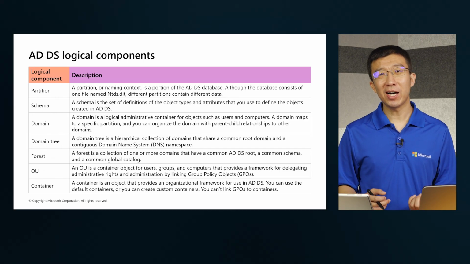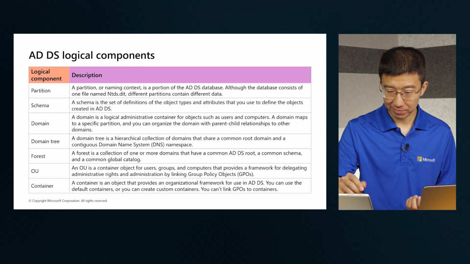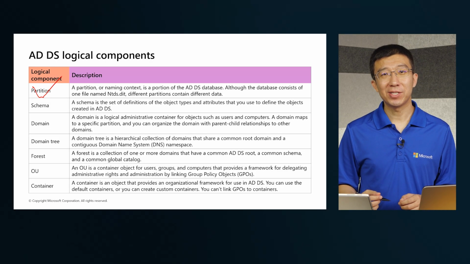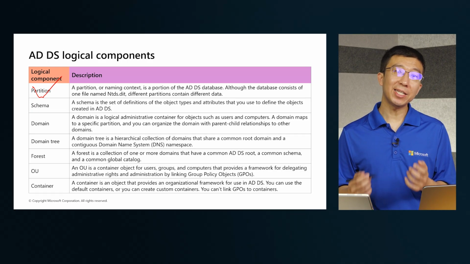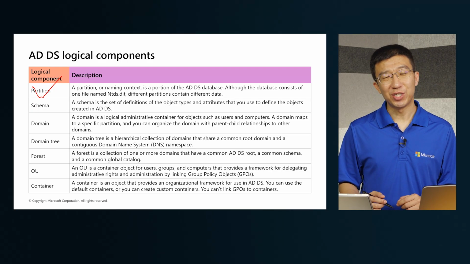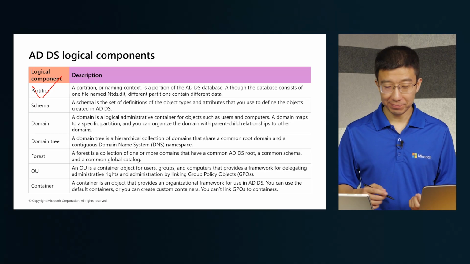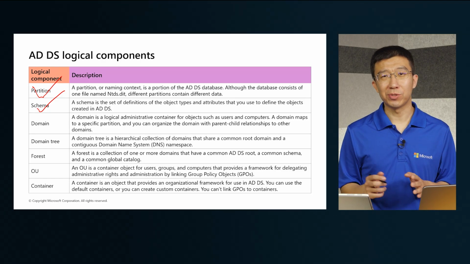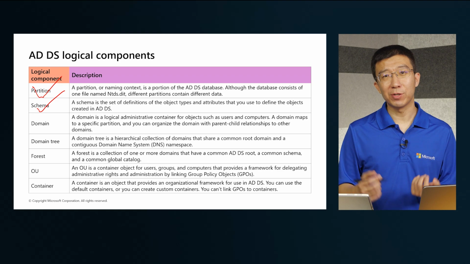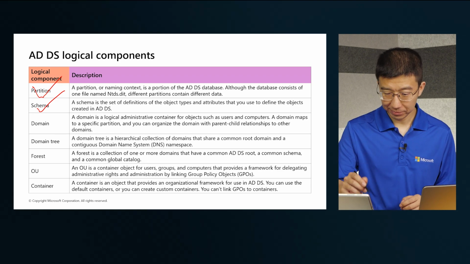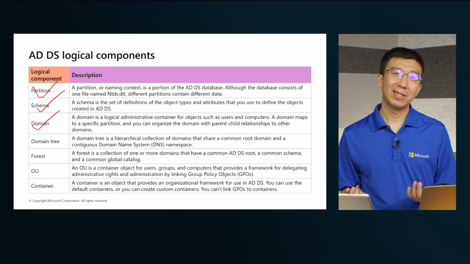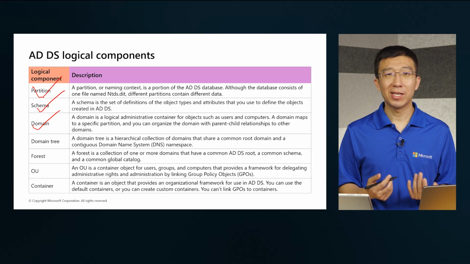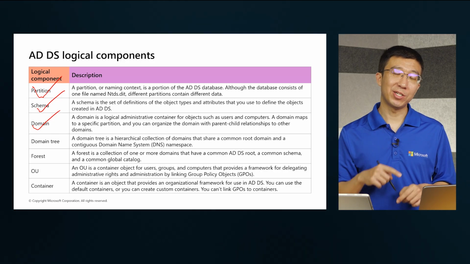Let's look at each logical component. A partition is a section of the ADDS database, storing different types of data. The schema defines the rules for what objects and attributes can exist. A domain is a container for users and computers, and it can be organized into parent-child relationships.